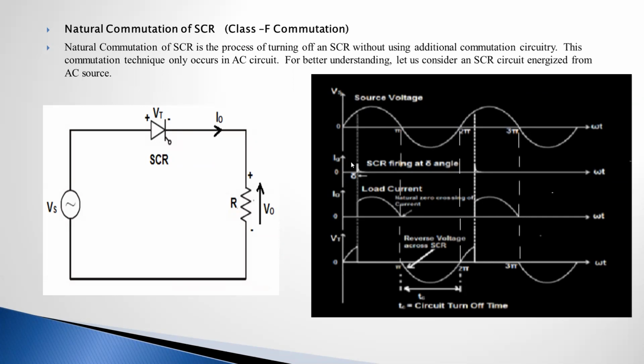By giving the gate pulse during the positive half cycle, the thyristor is turned on, and during the negative half cycle, the thyristor is turned off because it is getting the reverse voltage. That's why this commutation is called natural commutation. Here we are not using any extra circuit or any extra element. Automatically the thyristor is turned off. That's why this type of commutation is also called natural commutation or class F commutation. Clear?